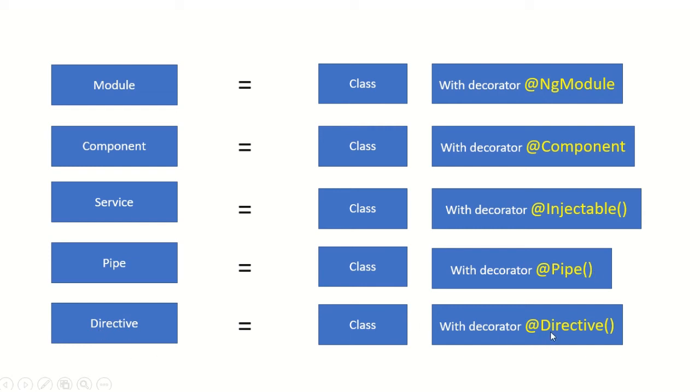A directive is a class with decorator Directive. If we remove the decorator, it will be a plain class. It will not act as a module or component or service, etc. Whenever we decorate a class with different types of decorators, it becomes a different type of object in Angular.